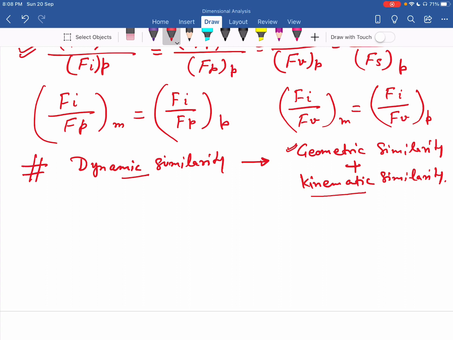So now depending upon this, we have some similitude laws. For complete similarity, we have different similitude laws. Those laws come from the dimensionless numbers. Okay. So the importance of each dimensionless number is associated with the force by which it is related to the inertia force. For a particular phenomenon, you can say one force is predominant.